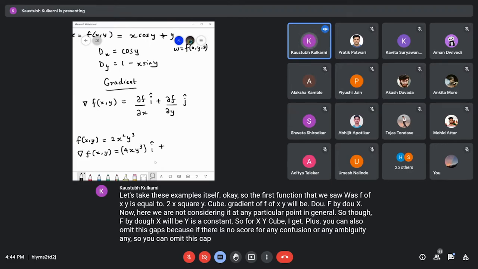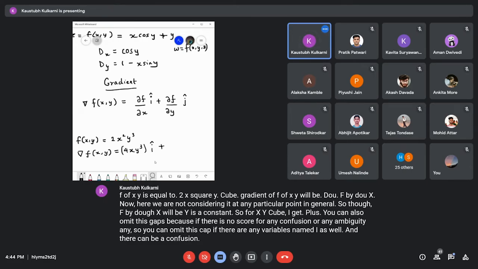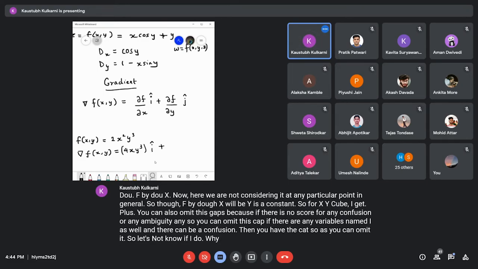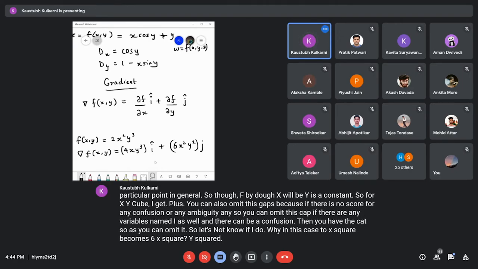If there are variables named i as well and there can be confusion, then you have the cap. Otherwise, you can omit it. So plus dou f by dou y, in this case 2x square becomes 6x square y square j cap.